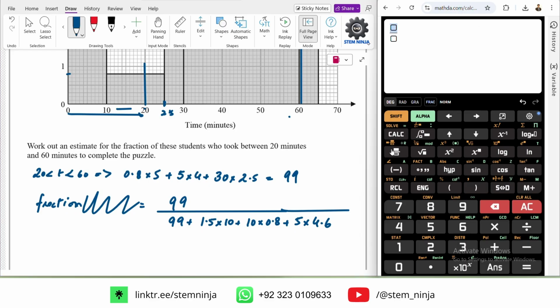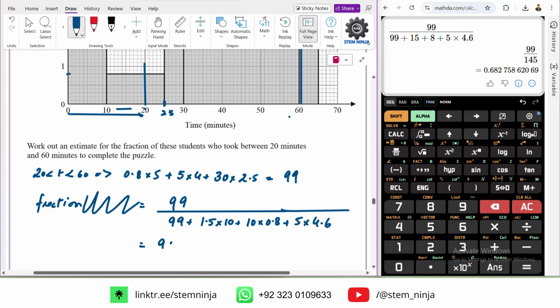Okay, so 99 divided by 99 plus 15 plus 8 plus 5 times by 4.6. So 99 over 145.